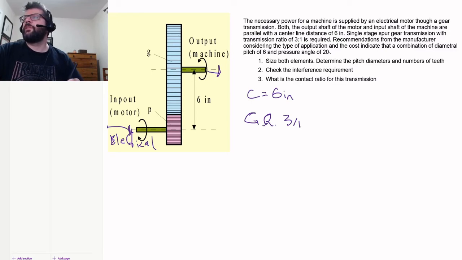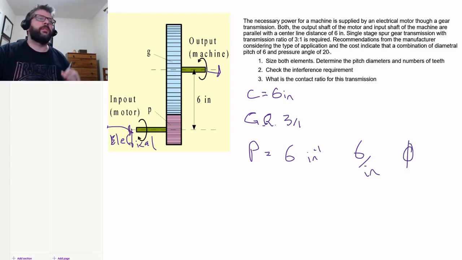They specify a diametrical pitch of 6. P is equal to 6. Keep in mind that the units are inches to the -1, or 6 per inch. And we're looking for a pressure angle of 20 degrees, because that's what's most commonly available nowadays.